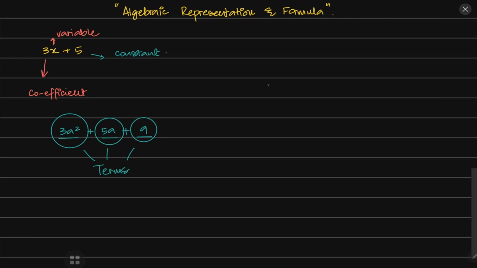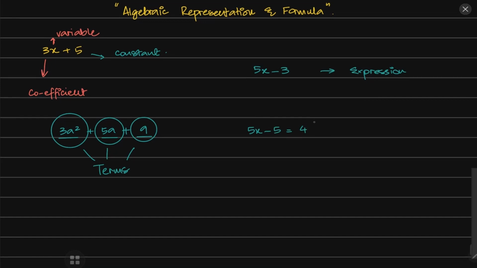Now let's talk about expressions and equations. The only thing different about expressions and equations is that expressions are just like this right here, a combination of different terms. However, an equation is basically an expression but equal to something, maybe equal to 4, maybe equal to 0, whatever.